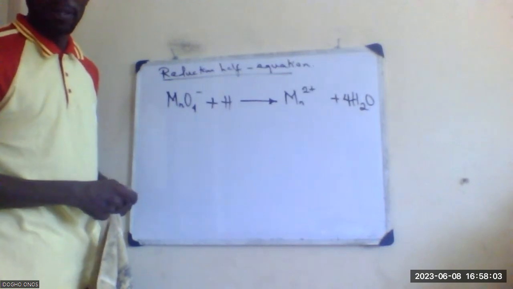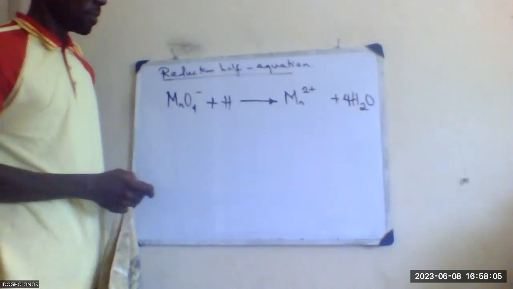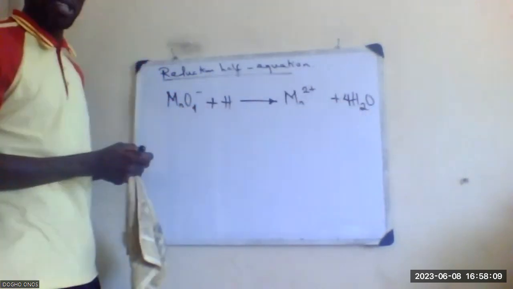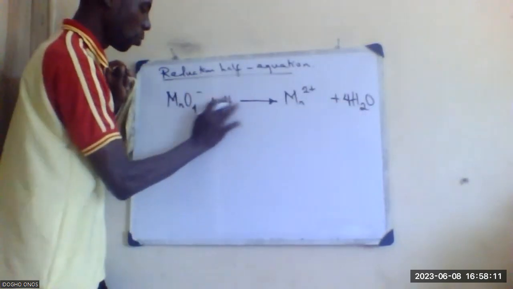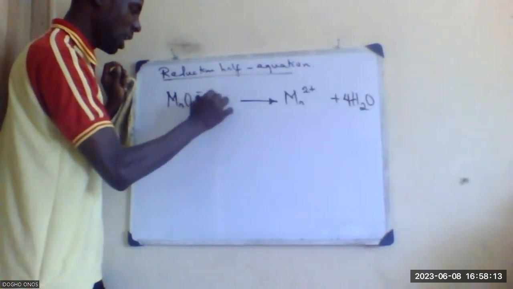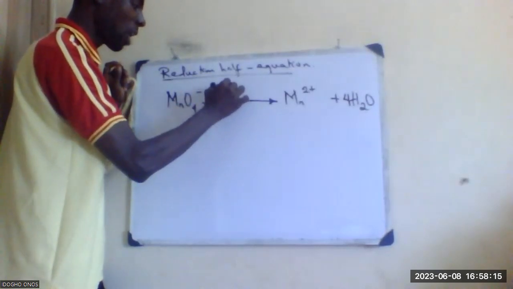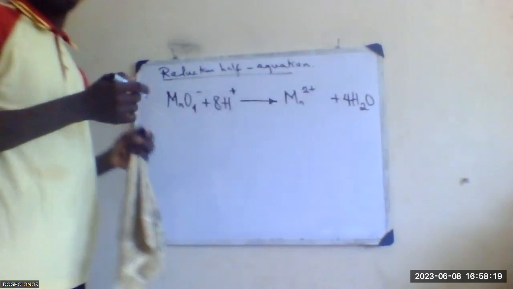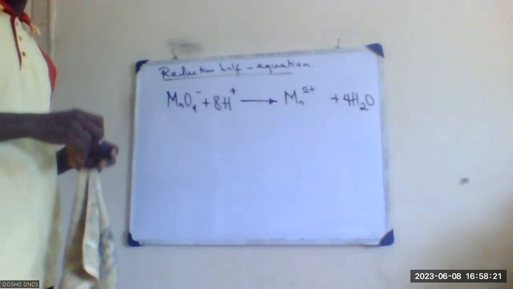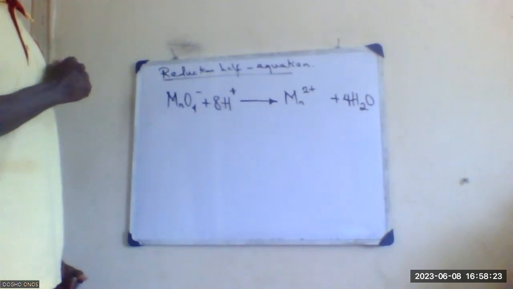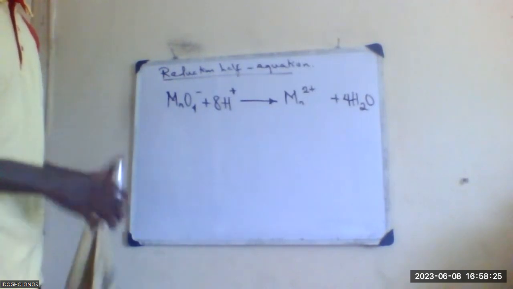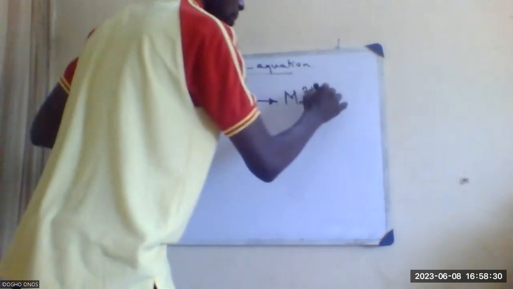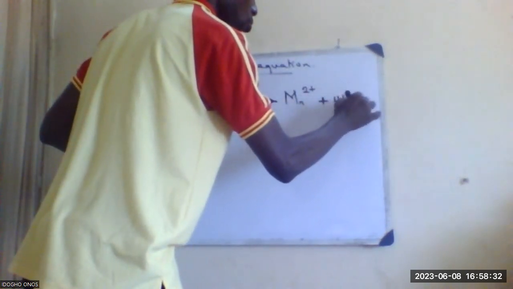Can I move on? Good. Then 4 times 2 is 8 hydrogen. I'll put 8 in front of this. This will be plus 8H, and this hydrogen is always a plus, hydrogen ion. So that's our balance. Then let me put here 4H2O.